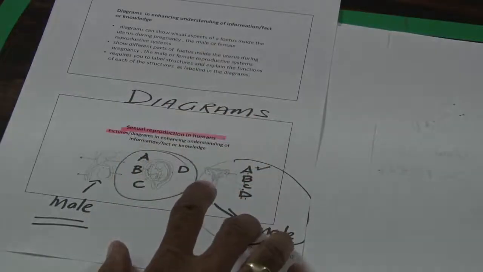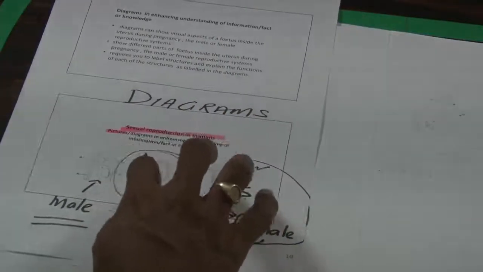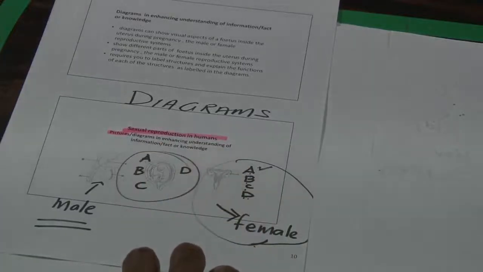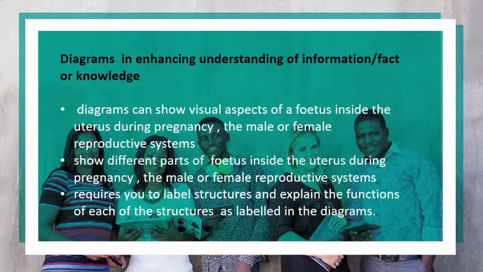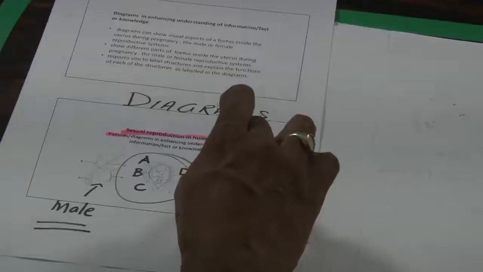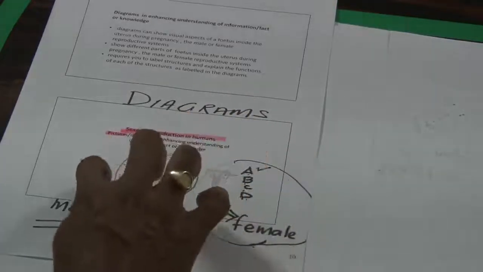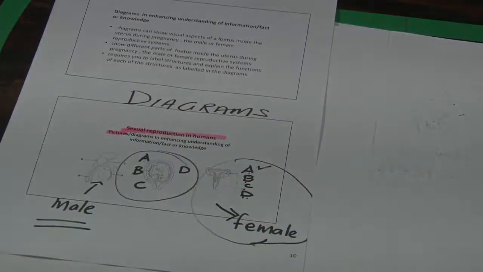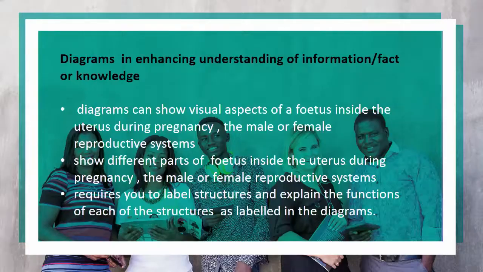So obviously you will also have to know how it is structured. And then, as you can see, it shows the different parts, like the female and male reproductive systems also do. It shows different parts inside the uterus during pregnancy, or it shows the parts of the male or the female reproductive system.